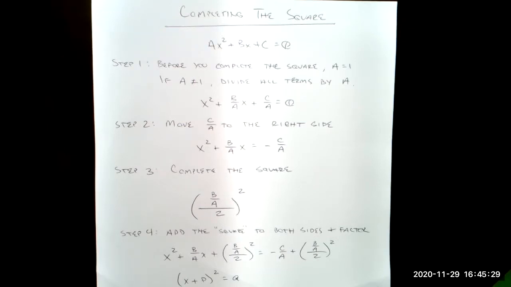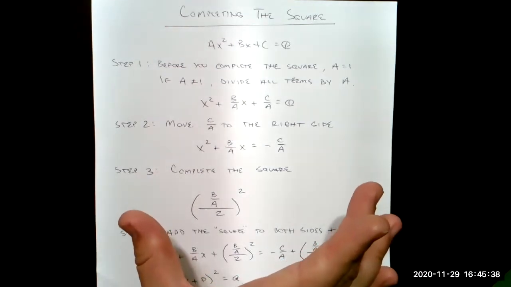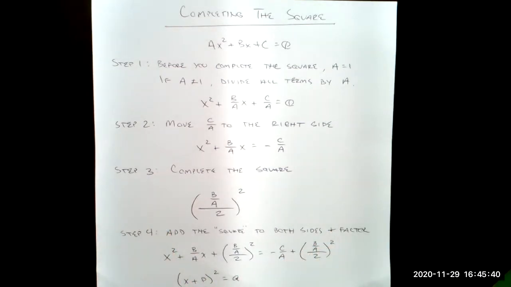I'm a huge proponent of not just copying down my notes, because these are the Algebra 2 way of explaining completing the square. I would highly recommend, as we're going through the video in that first part and going through each step, that you write yourself your own steps instead of copying mine.